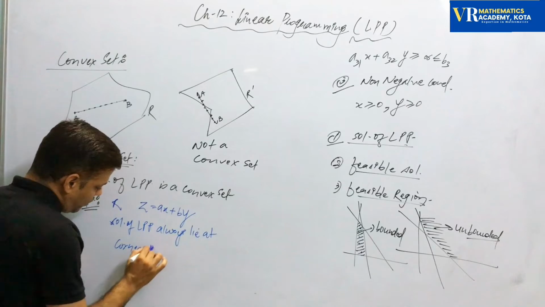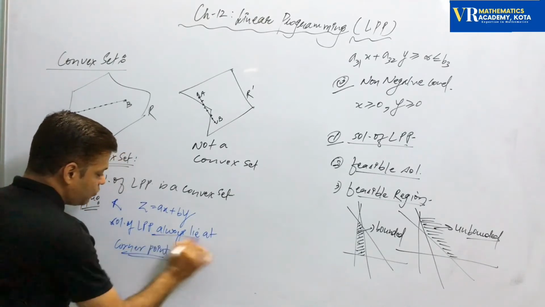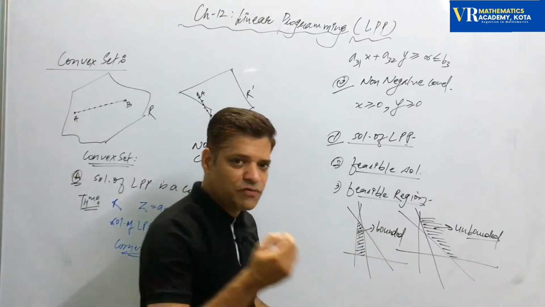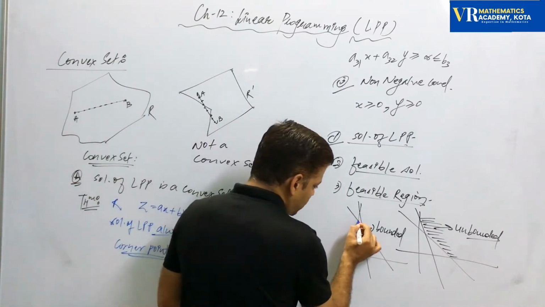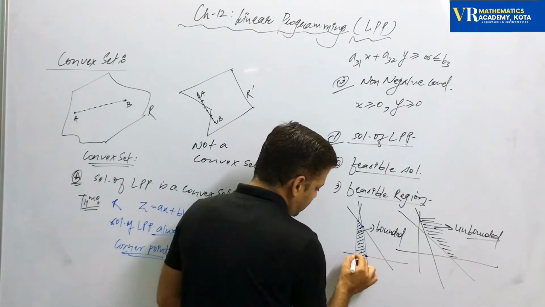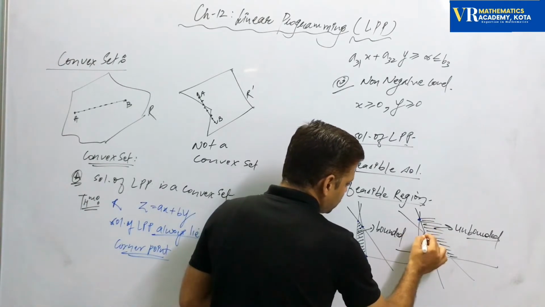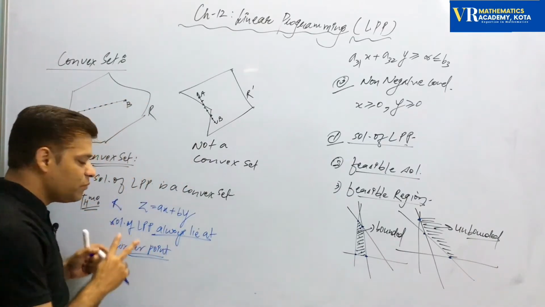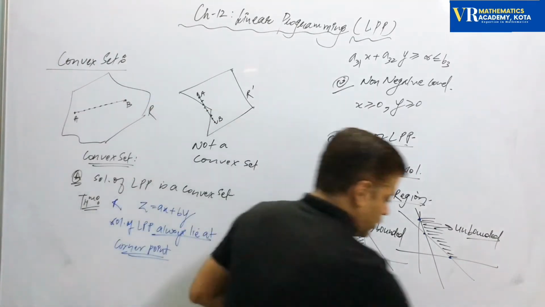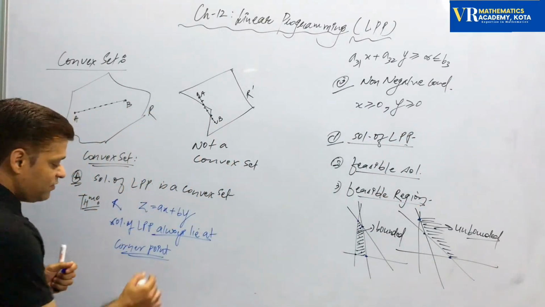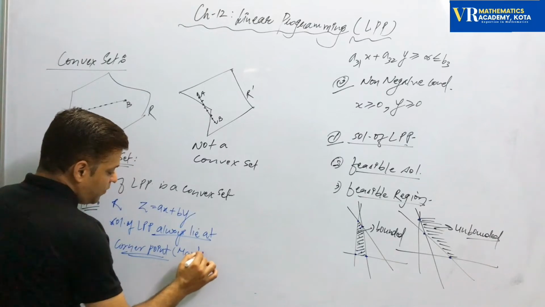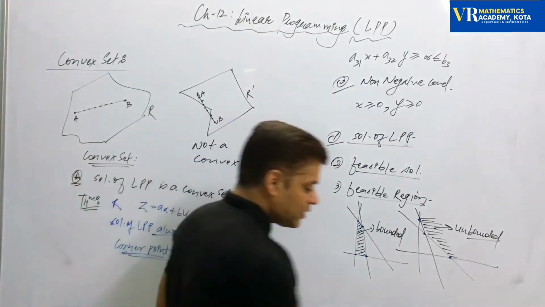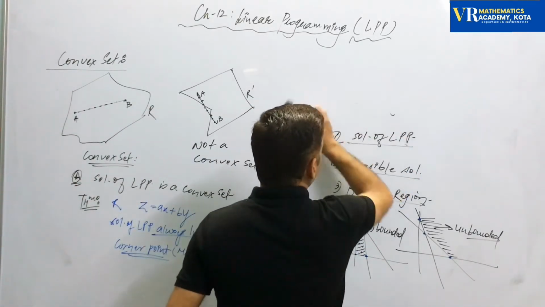So the meaning of this theorem is that whenever we have to find the solution of any LPP, we draw the corner points and find the solution only at the corner points. The problem will be maximized or minimized always at a corner point of the feasible region.